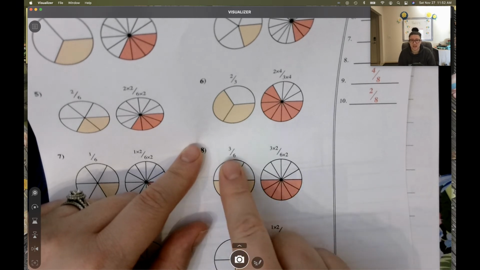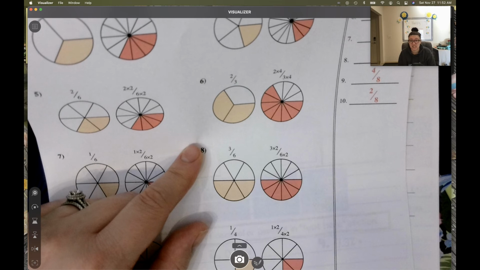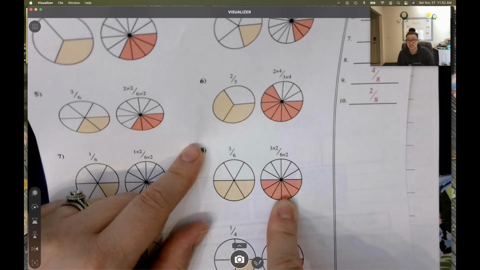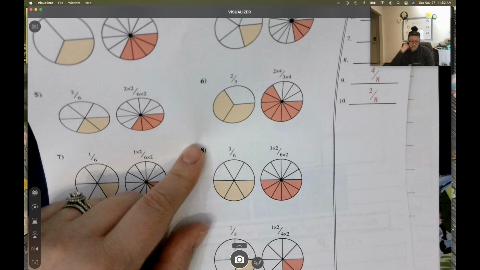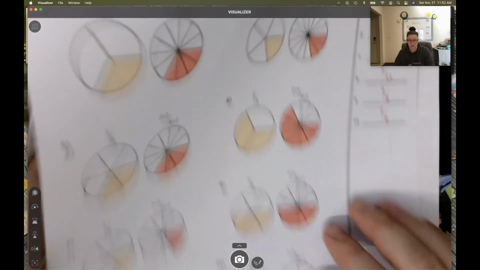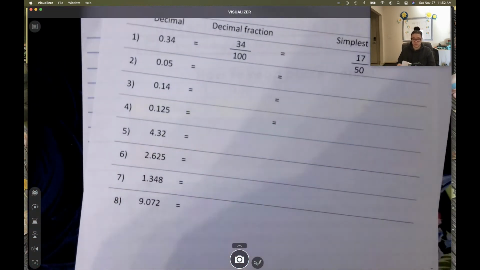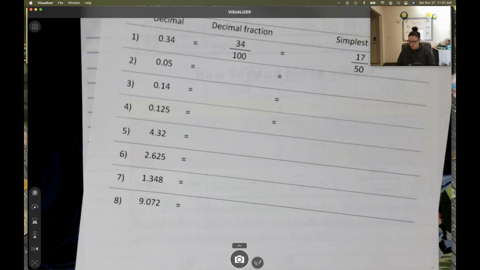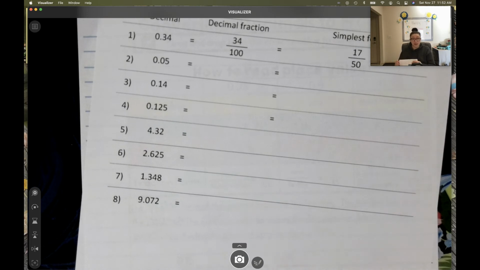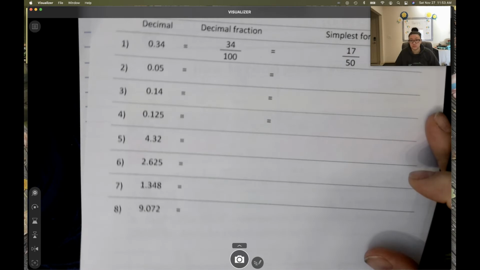But looking at the fraction 3/6, or the fraction 6/12, that's a lot to see. We want it to be even simpler than that. We want it to just be 1/2. We want to simplify a fraction as easily as we can see it, and that's what we're trying to do here. Those fractions are equivalent. It's the same amount shaded in, the same amount of space, but it's just written easier for us.